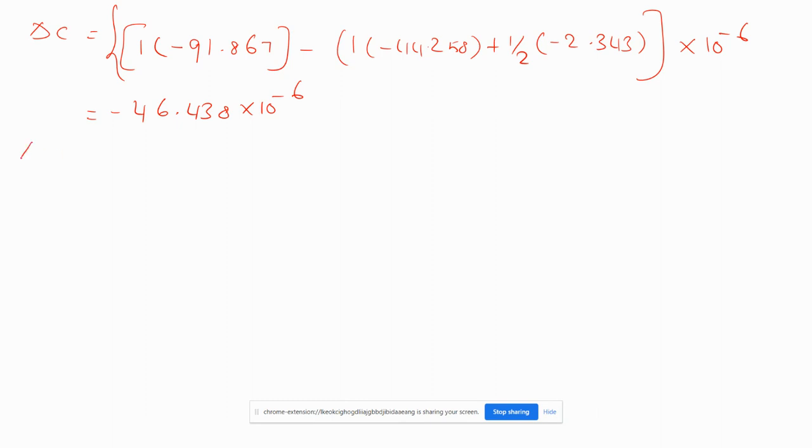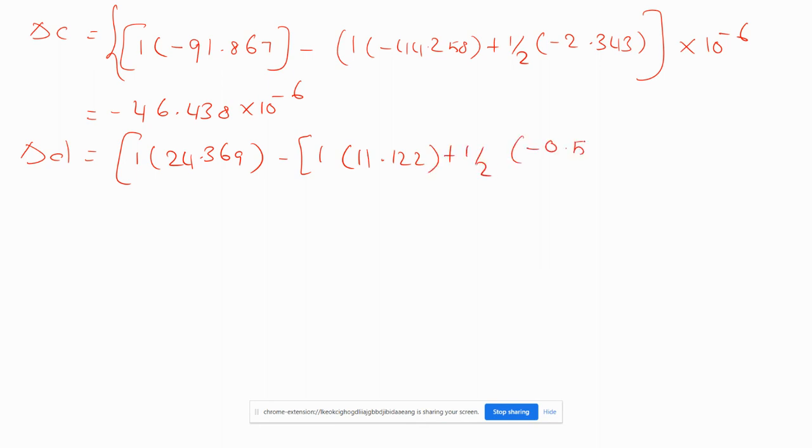Okay, same way you find del D. That is 1 into 24.369 minus 1 into 11.122 plus 1 by 2 into minus 0.5621 into 10 power minus 9. So you will get the answer as 13.526 into 10 power minus 9.